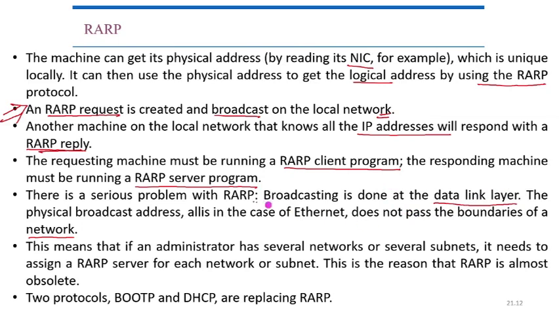That is the basic difference in how the internet protocol address is resolved. The basic problem with RARP is the link between the data link layer and the network layer while decoding the logical address.